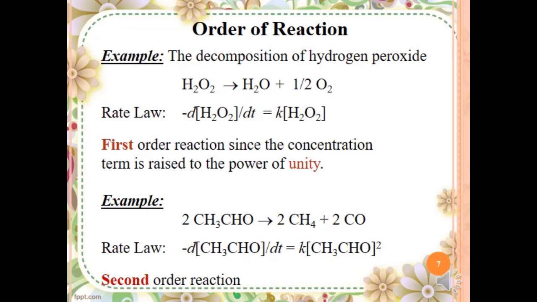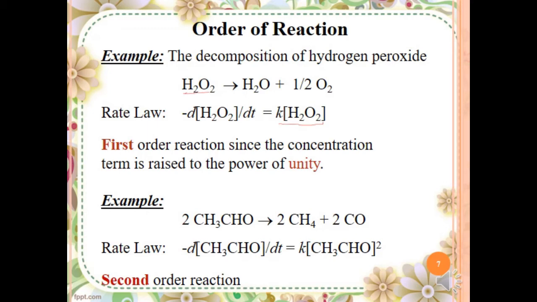Let us look at one example here: the decomposition of hydrogen peroxide. The rate law is based on the reactant here, and this is first order, based on the experimental condition or experimental value.